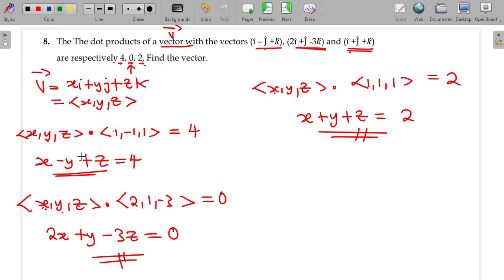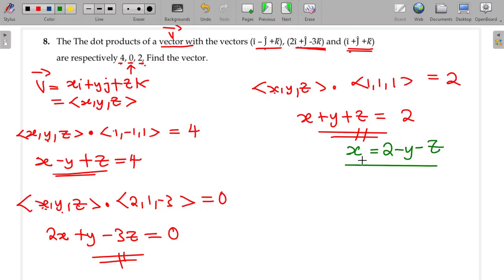So let's use the simplest. The simplest is going to be substitution. So I'm going to say, here I have x is equal to, and then these guys should go the other side, so that will be 2 minus y minus z.